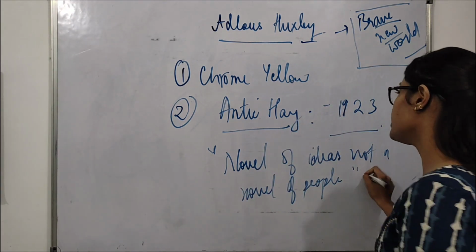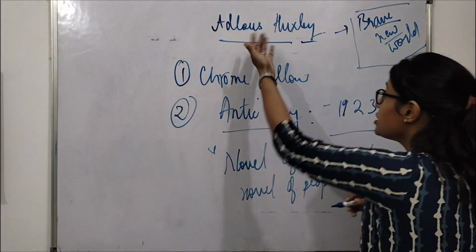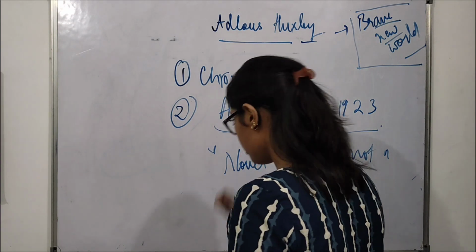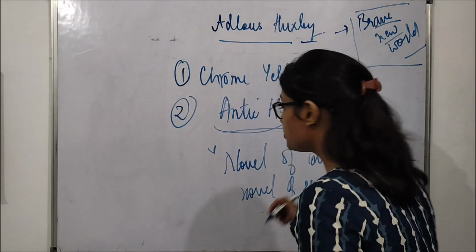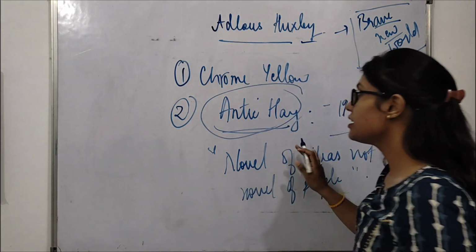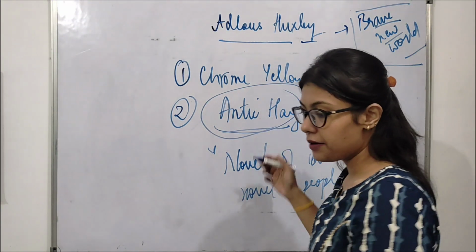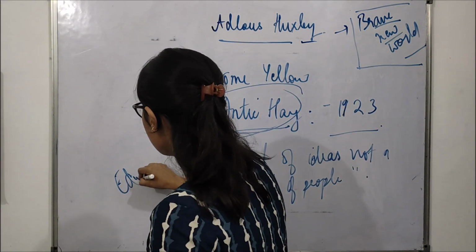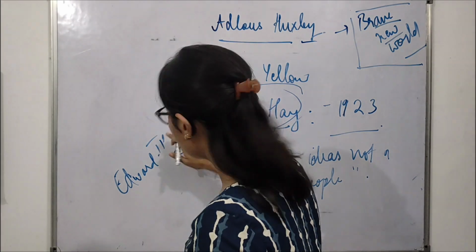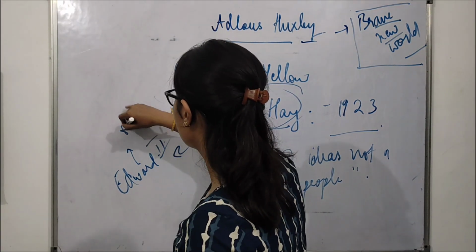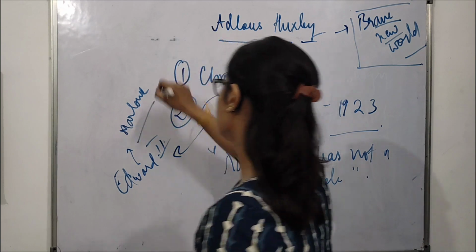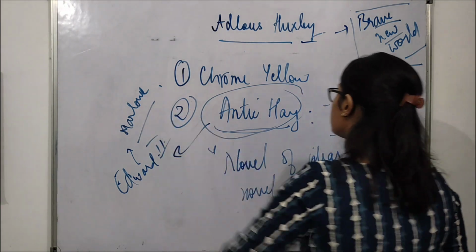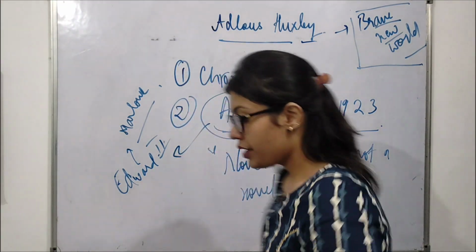Now, there's a special quality about Aldous Huxley that's important for you to remember: most of the titles of his books are taken from some other writer. For example, Antic Hay is taken from Edward II, written by Christopher Marlowe.